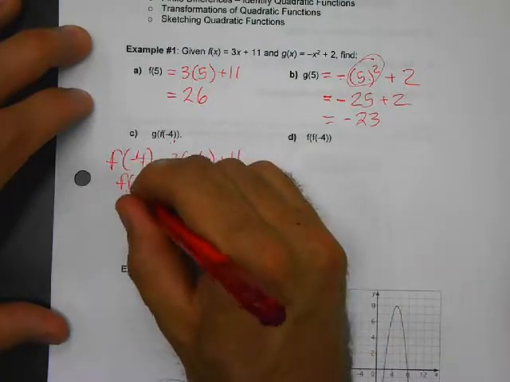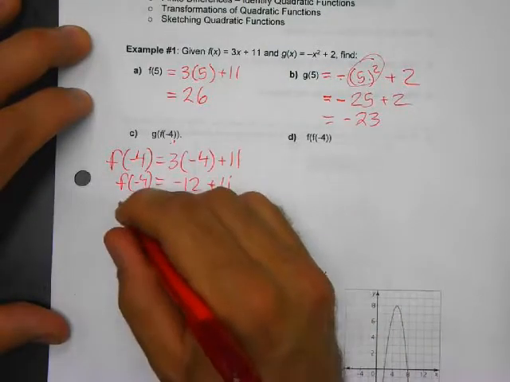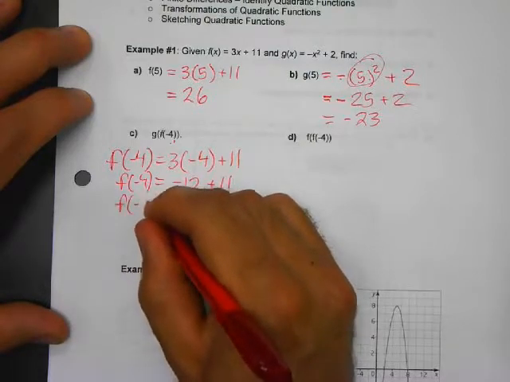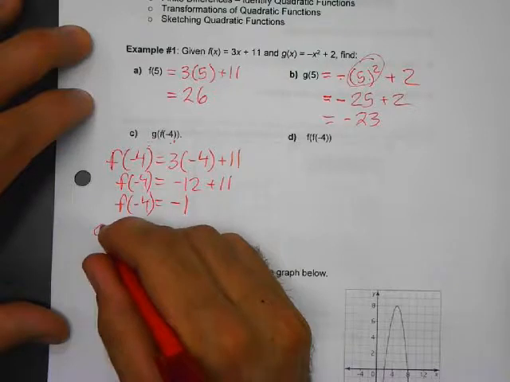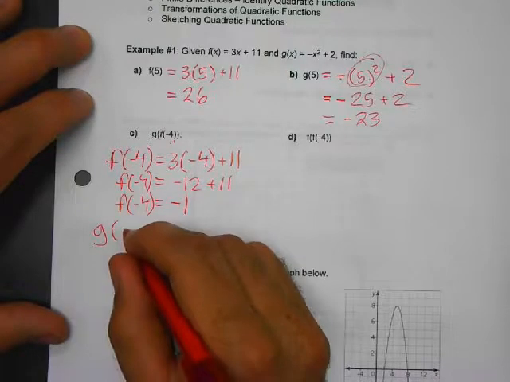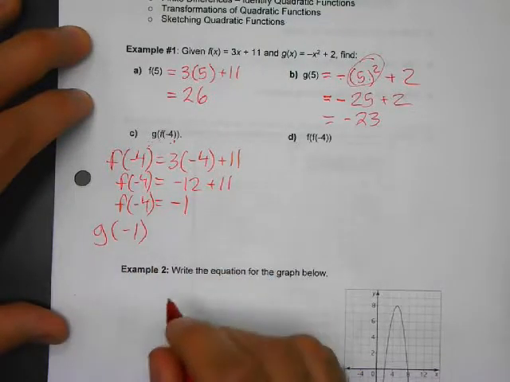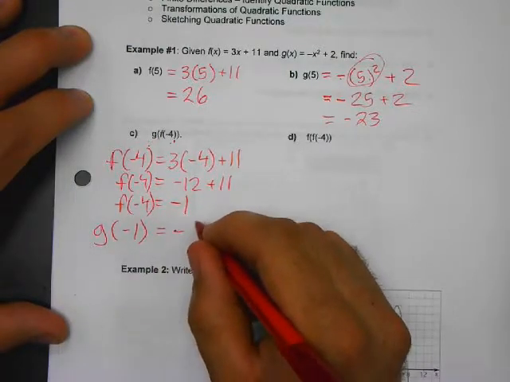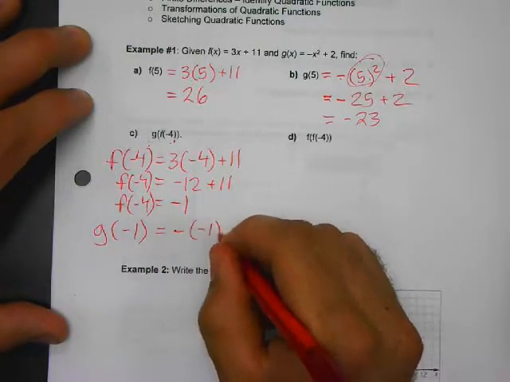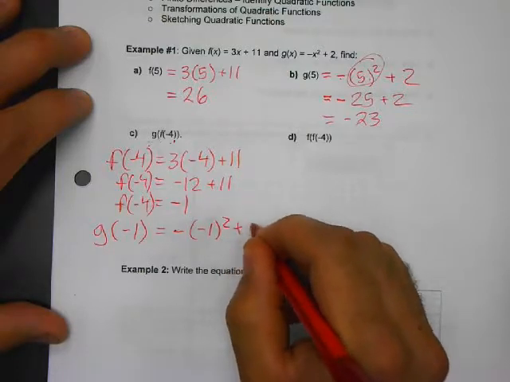So because f of negative 4 is negative 1, I'm going to go ahead and follow the instruction given here, and that now is to find g of negative 1, which is going to be negative 1 squared plus 2.